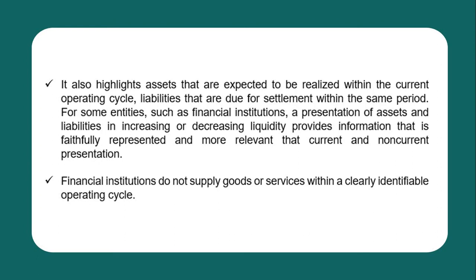For some entities, such as financial institutions, a presentation of assets and liabilities in increasing or decreasing liquidity provides information that is faithfully represented and more relevant than current and non-current presentation. Financial institutions do not supply goods or services within a clearly identifiable operating cycle.